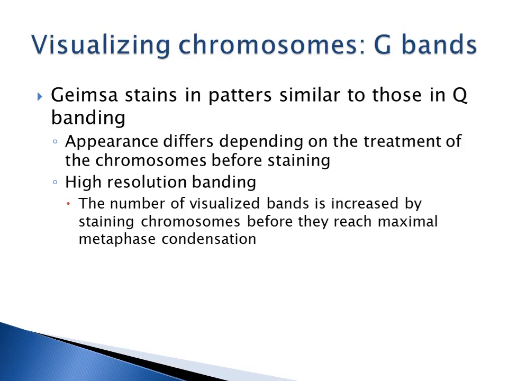So the appearance of your banding patterns depends on the treatment of the chromosome before you stain with your Giemsa stain. You can also do high resolution banding, where you can increase the number of bands that you could see by staining the chromosomes before they reach maximal metaphase condensation.